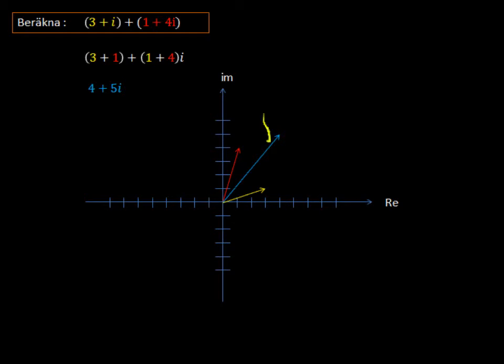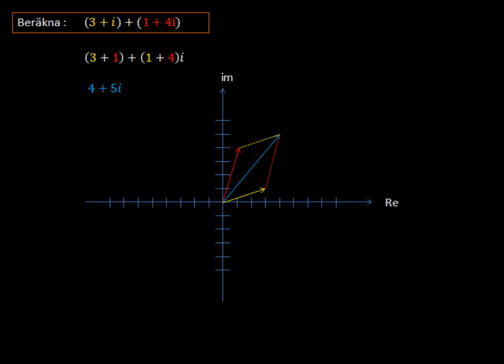So this blue vector right there, and the tip of it, of course, is the actual complex number, but we're going to be treating them as vectors. All right, let's take a look at the next one. Just like with the other vectors we've been using, we'll do a parallelogram, and that way you can see how they would add up.